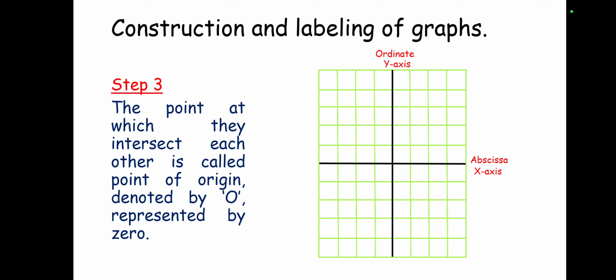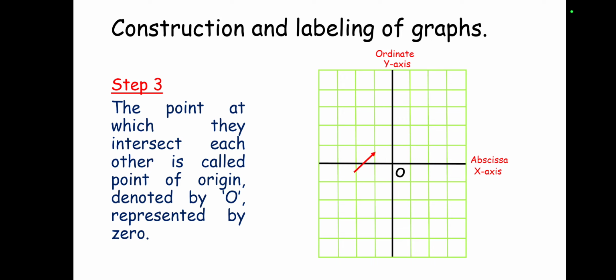Next, step 3. The point at which they intersect each other is called the point of origin, denoted by O, represented by 0. This is the point of intersection where the y-axis and the x-axis intersect. In this manner we came to know three things.